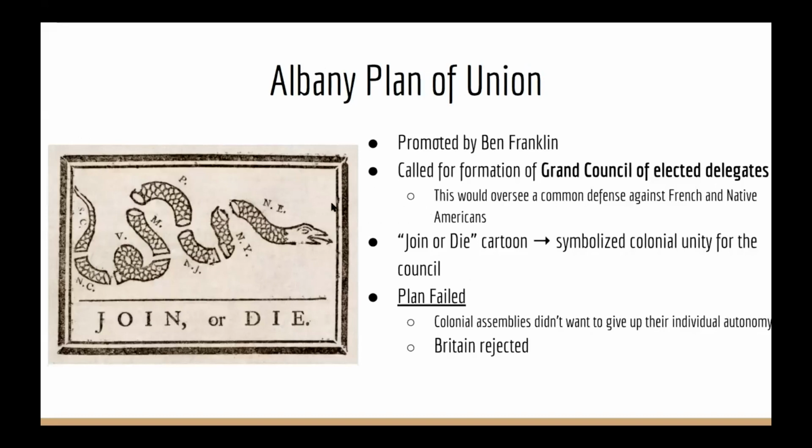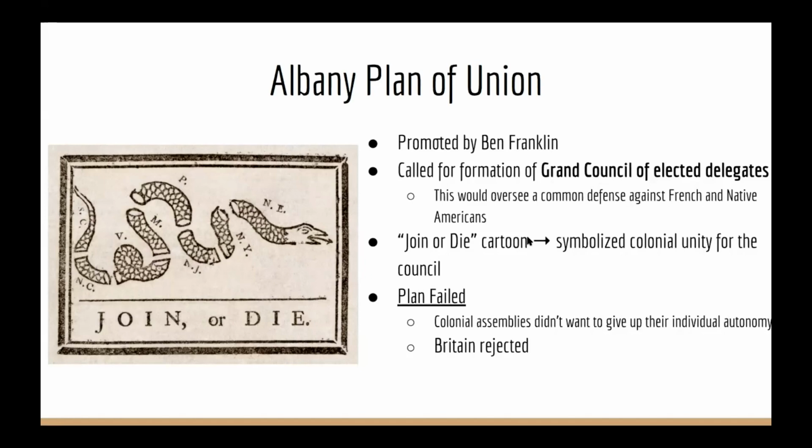within this period of the French and Indian War, there was also something called the Albany Plan of Union, which was promoted by Ben Franklin. The Albany Plan of Union basically called for the formation of a Grand Council of Elected Delegates. We talked before about how the land wasn't really separated explicitly.